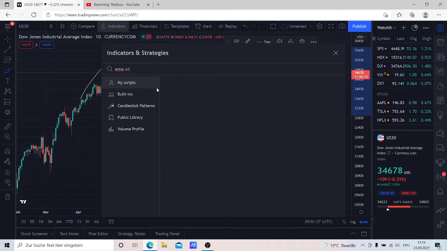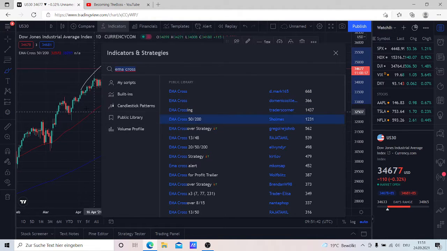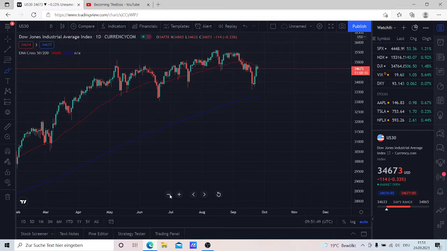Now, if we add some indicators, so here we almost hit the 200 EMA, but we didn't quite hit it yet.